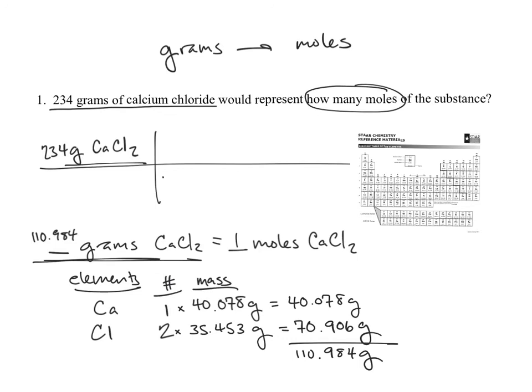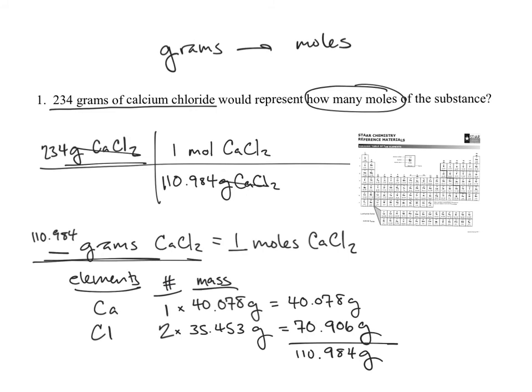We have 110.984 grams of calcium chloride, which was equal to 1 mole. Whatever this bottom thing is equal to goes on the top: 110.984 grams calcium chloride equals 1 mole of calcium chloride.